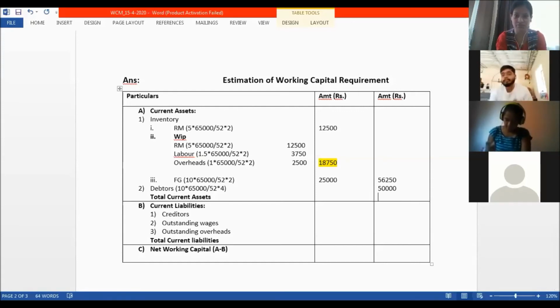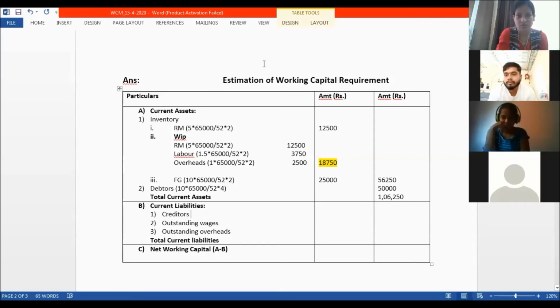In this case, they haven't given, so only inventory and debtors. 56,250 rupees you have invested in the inventory, and 50,000 is receivable from the debtors. So almost around 1,06,250 rupees are the receivables. Okay, this much is the investment which you have done in the current assets.